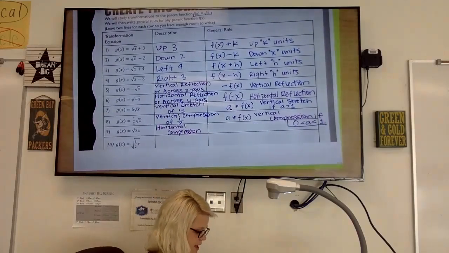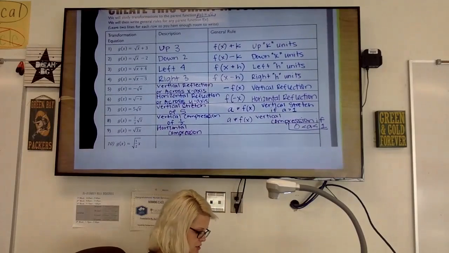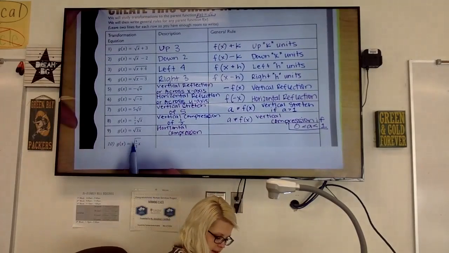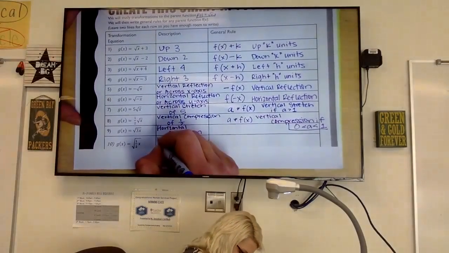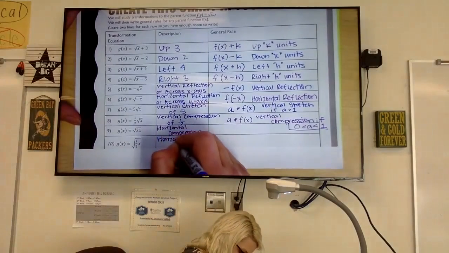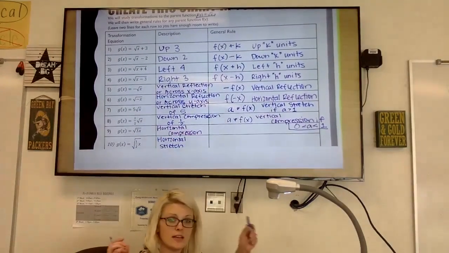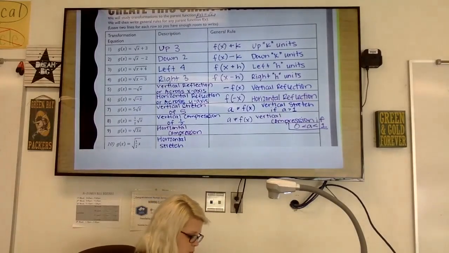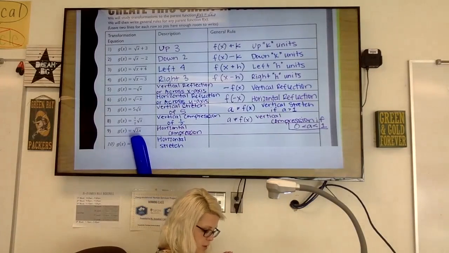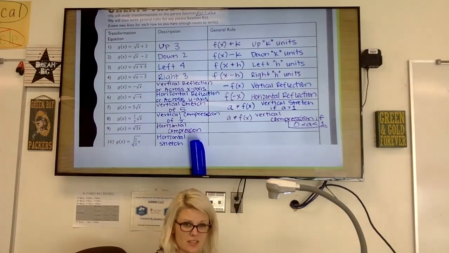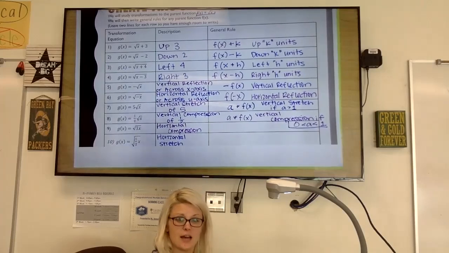And then if I have a number in front being multiplied inside the function, and that number is less than 1, or between 0 and 1, we would say horizontal stretch. Told you it's going to be weird. The inside stuff is weird. So a big number or a number greater than 1 means compression when it's inside, and a number less than 1 means stretch when it's inside. So it's the opposite.